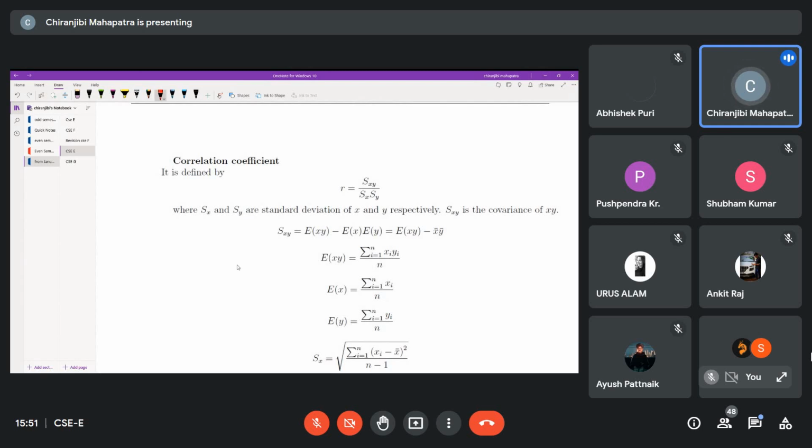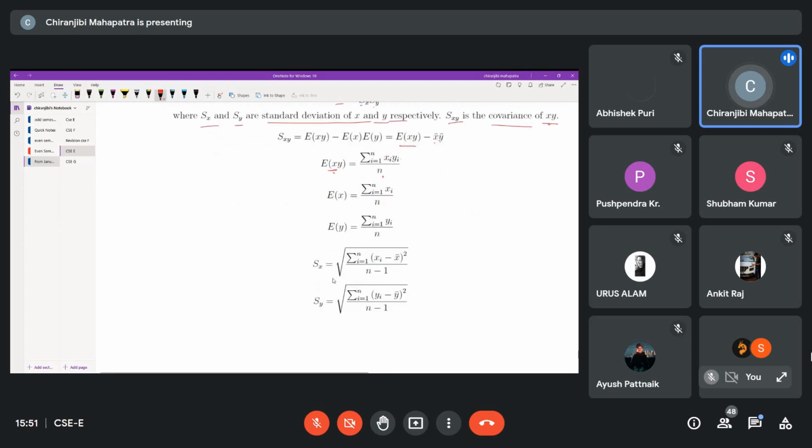Correlation coefficient, it is defined by r equals to Sxy by Sx into Sy, where Sx and Sy are standard deviation of x and y respectively. Sxy is the covariance of xy, that is expectation of xy minus x bar y bar, and expectation of xy is equals to summation of xi into yi divided by n.